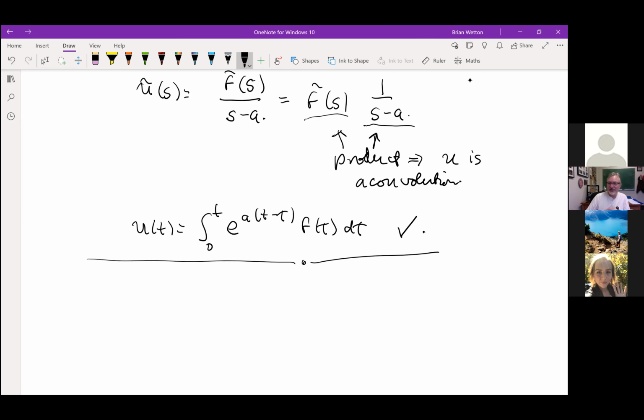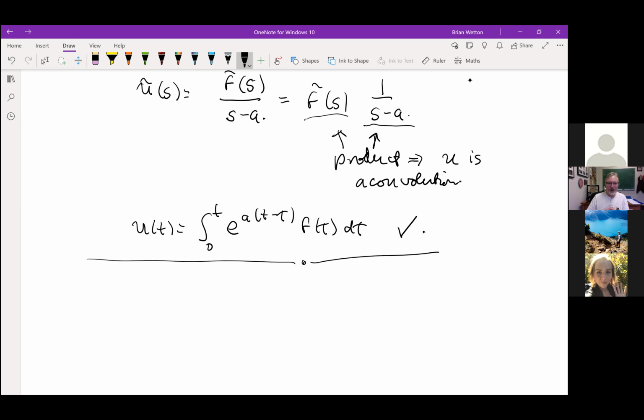Convolutions in this case, yeah, it's exactly where this is the convolution that comes out from the Laplace transform. Now, you could think of these as going from minus infinity to infinity, but remember, when you think of something coming from the Laplace transform, the inverse transform, it's 0 for negative arguments.